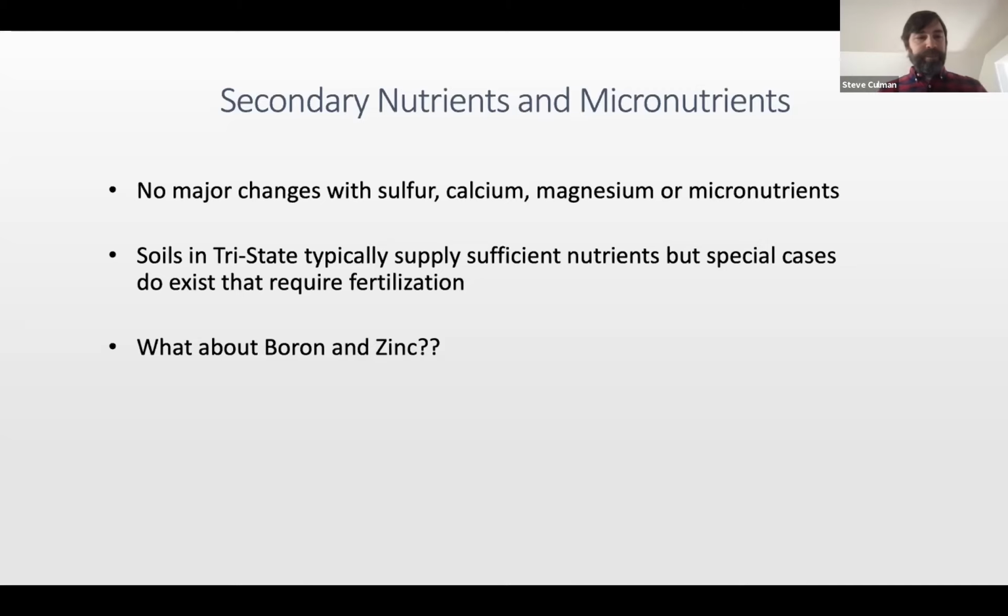We don't have data to suggest that we need either one, though obviously there are special scenarios. I'm not saying the crop doesn't need it, but fertilization rarely results in any sort of yield response, much less a profitable yield response to pay for it.